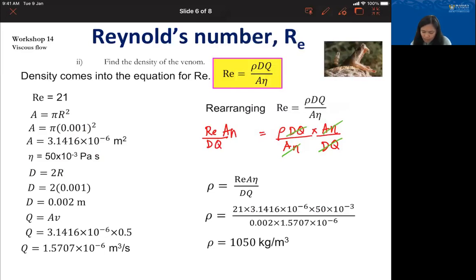Notice here in the rearranging that DQ is on top. In the original equation, rho is DQ over A times eta. To get rid of DQ, DQ is tied to density via a multiplication sign.